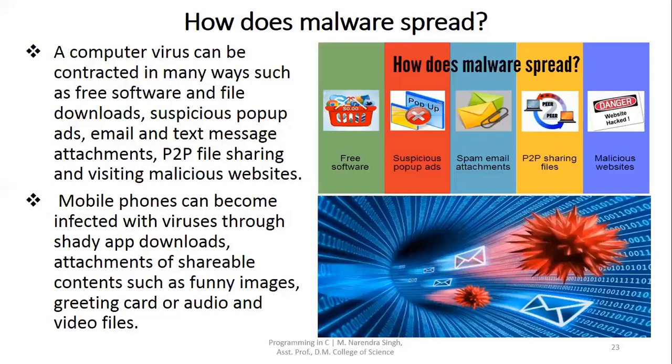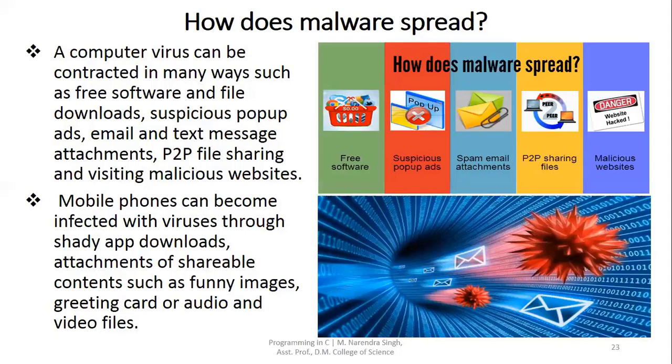Now, how does malware spread? When we download free software or free files from the internet, viruses, worms, and spyware might come through that means. When we click on suspicious pop-up ads, we give malware a chance to come into our computer.